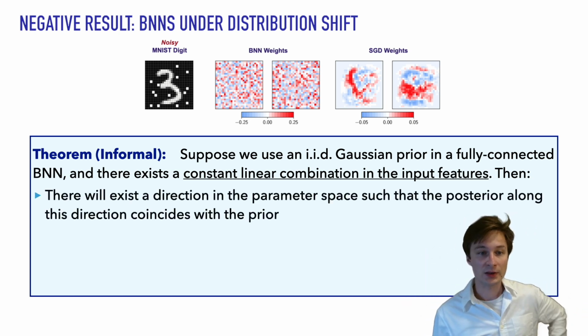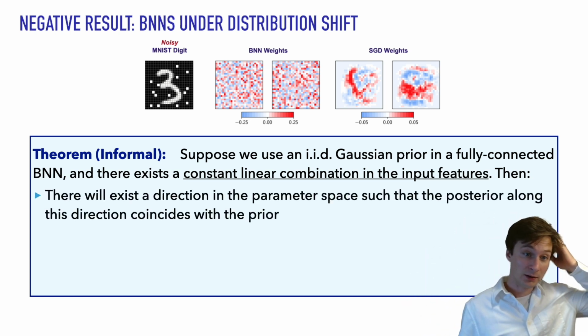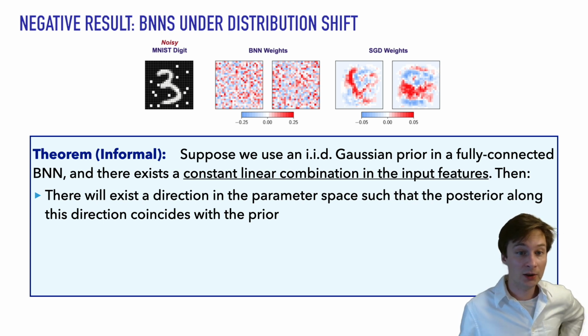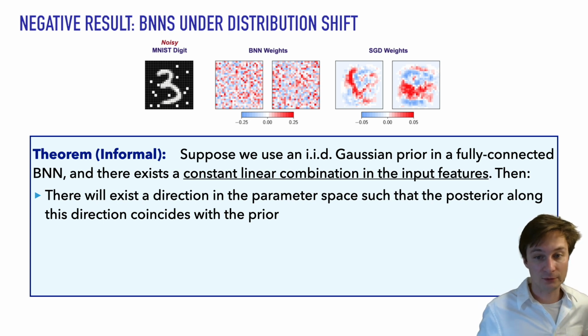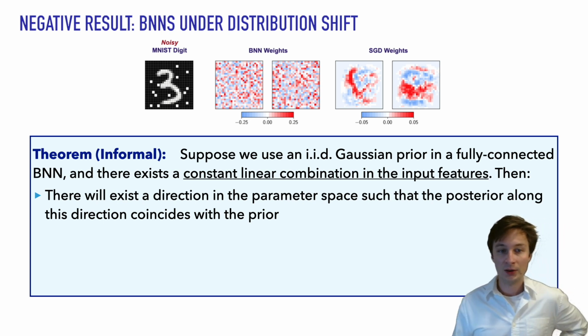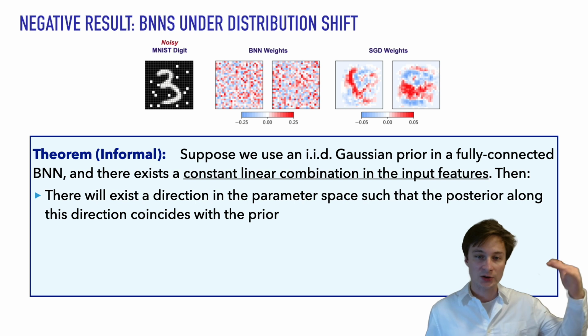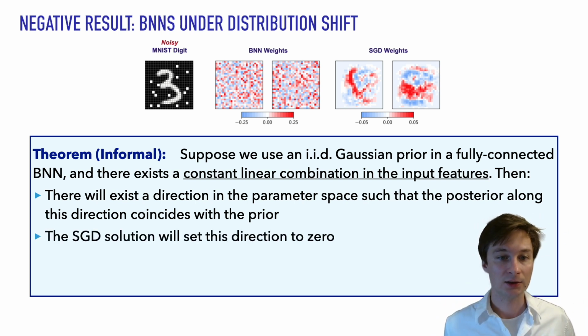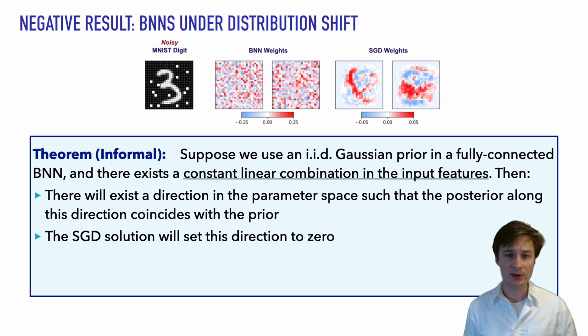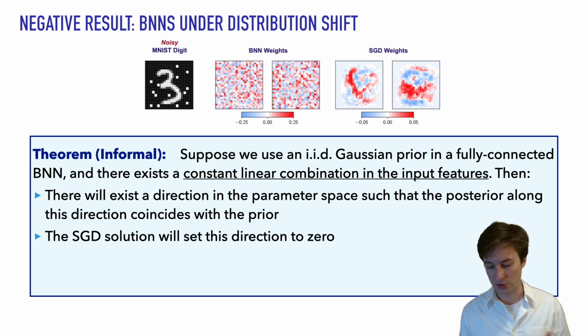If that is the case, then there will exist a direction in the parameter space of the model that corresponds to this constant direction in the feature space, in the input space. And along this direction, the posterior distribution will just coincide with the prior. On the other hand, the SGD solution will set the weights along that direction to zero.